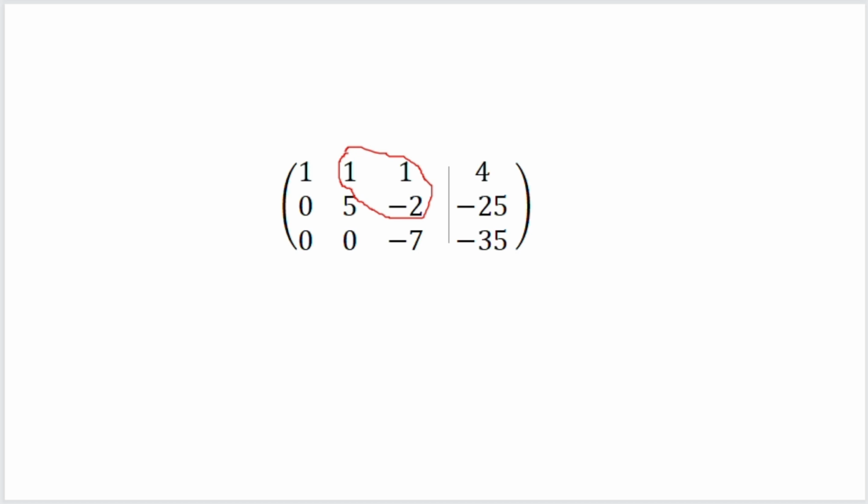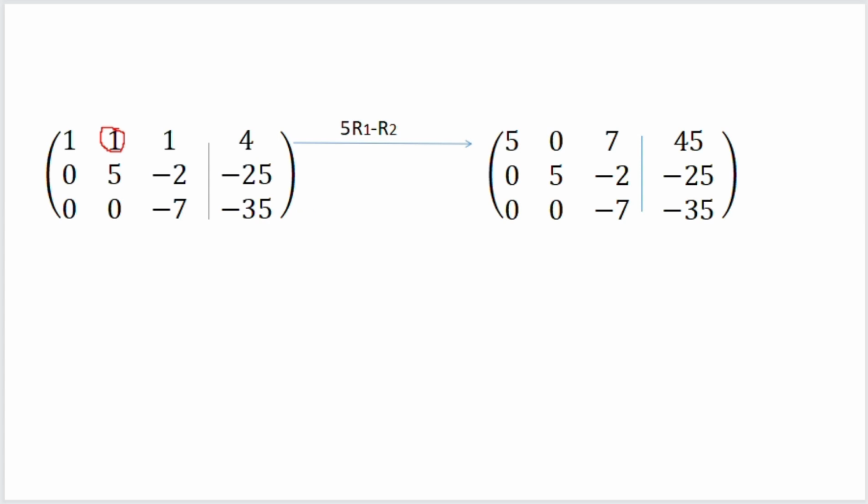I'll start with a 1 in this case. I'm taking row 2 and row 1 as my reference, and I want to make this 1 a 0.